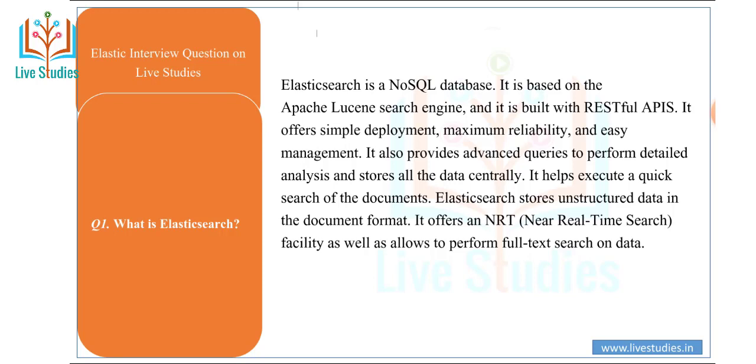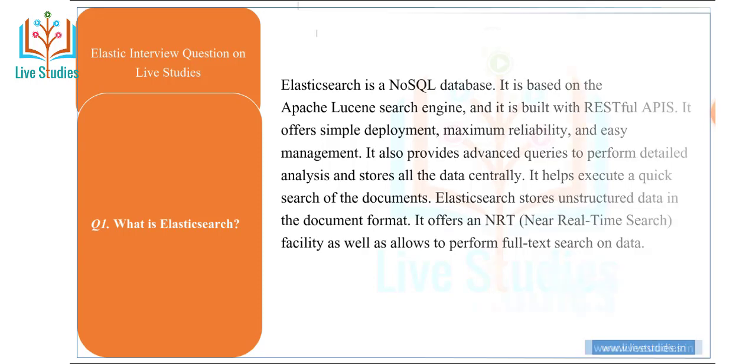It helps execute a quick search of the documents. Elasticsearch stores unstructured data in document format. It offers an NRT, meaning near real-time, search facility, as well as allowing full text search on data.